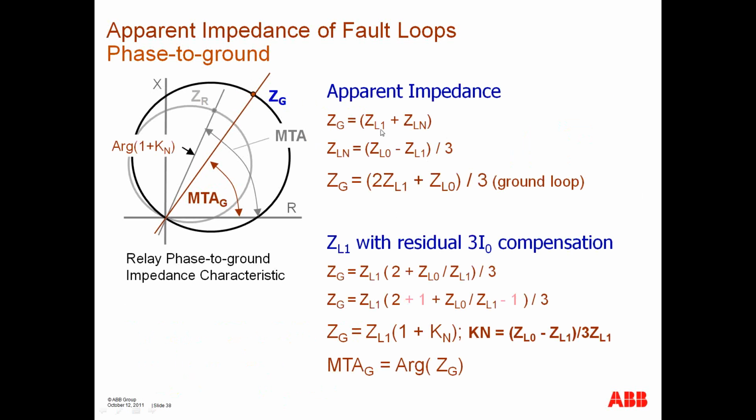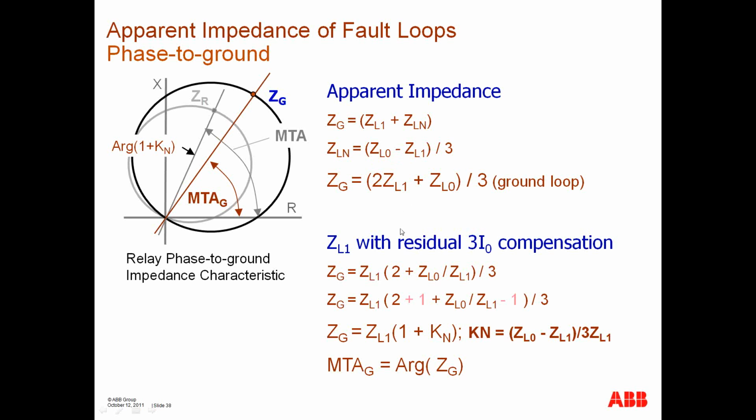And so on this particular slide, I go through some gyrations, if you will, but I substitute the value of ZLN here of ZL0 minus ZL1 divided by 3, which is the value of that ground return impedance.